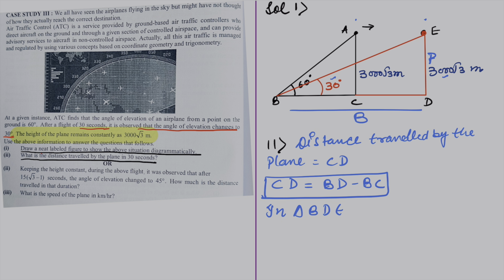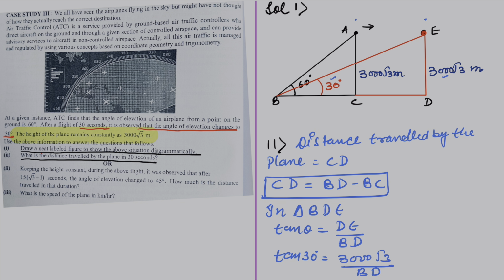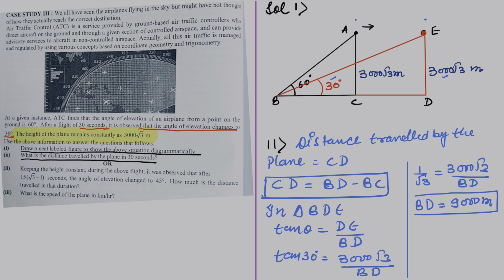So tan theta is equal to DE upon BD. So tan 30 is equal to 3000 root 3 upon BD. Tan 30 degree is equal to 1 by root 3, which is equal to 3000 root 3 upon BD. So BD will be equal to, we cross multiply root 3, then we will get 3000 into 3, that is 9000 meters. Okay, we have got BD.